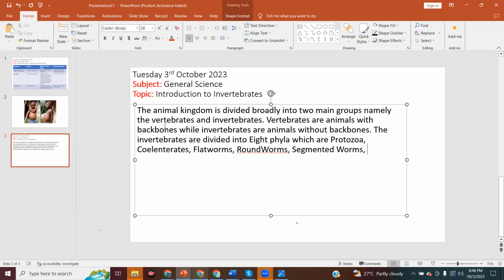And then you have the echinoderms. You have the mollusks. And you have the arthropods.